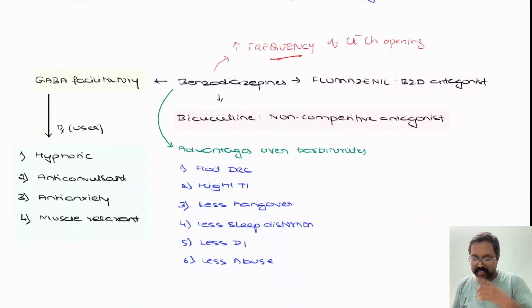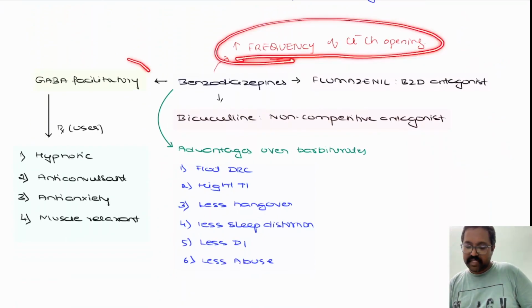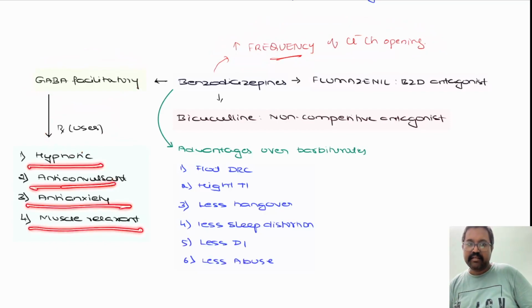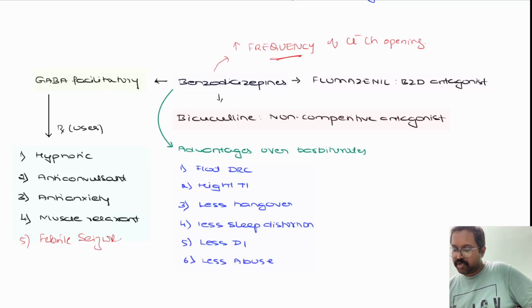Coming to the benzodiazepines. As you can see here, it increases the frequency of chloride channel opening. It is mainly GABA facilitatory in action. Where do we use benzodiazepines? We use them as a hypnotic and sedative agent, anticonvulsant, anti-anxiety, and skeletal muscle relaxant. In case of febrile seizure in children, we can use them.